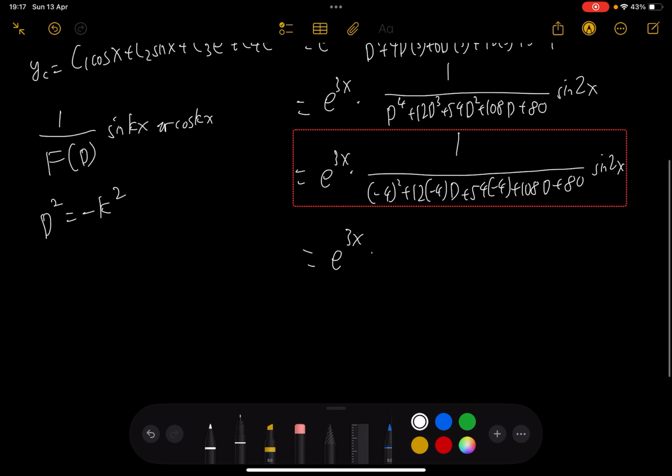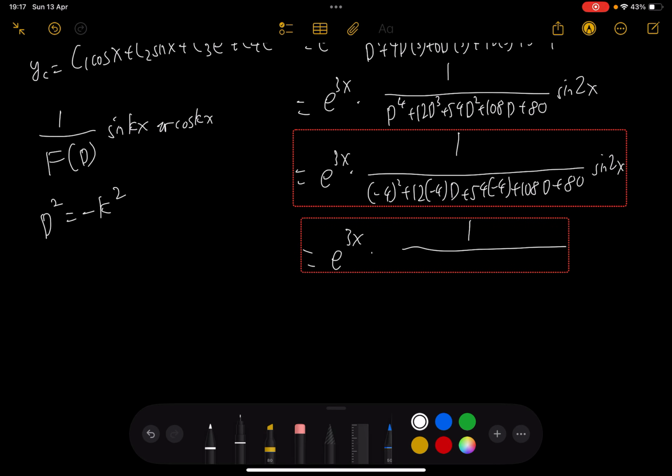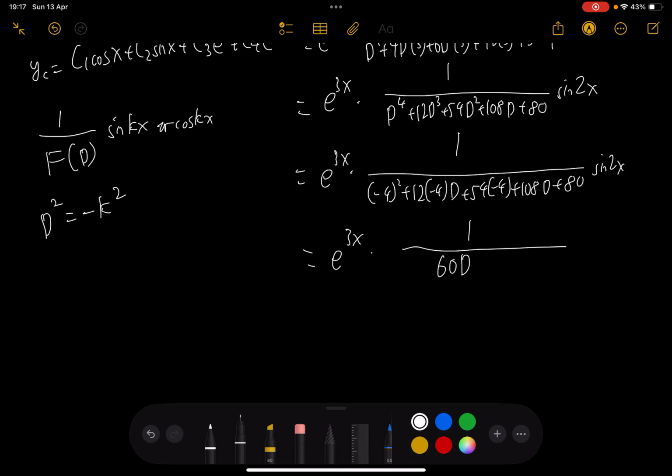And then we are going to simplify it. First we are going to calculate the d terms. So 12 times negative 4, which is negative 48 plus 108, and then you can get 60d, and then the constant term, which is negative 4 squared, which is 16, and then minus 54 times 4, and then plus 80.